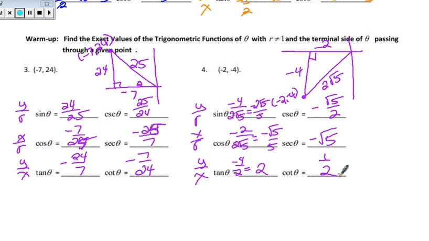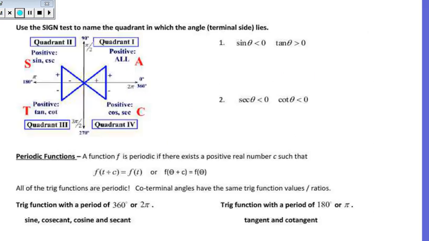All right, so let's flip our papers over. We need to be able to recognize which quadrant we're in. This is just a little mnemonic memory device to help you remember. All students take calculus. Here it's just saying all of the trig families are positive in quadrant 1.